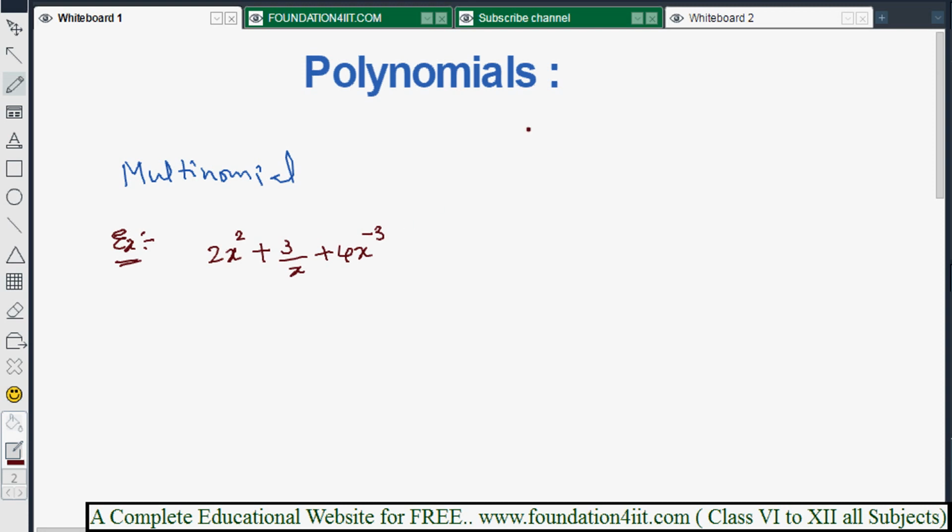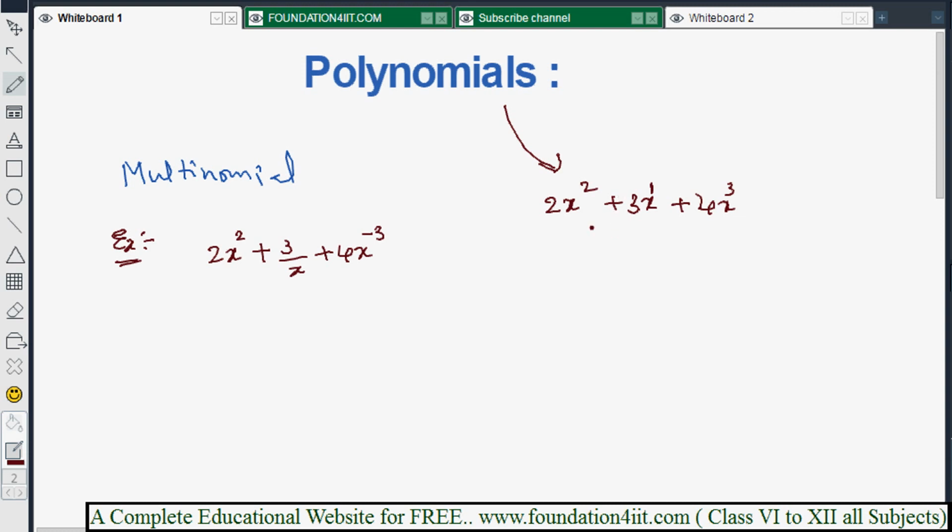So a polynomial is an algebraic expression in which the variables involved have only non-negative integral powers. Now 2x square plus 3x plus 4x to the power 3: only positive powers. If there is no power, it means 1. Only non-negative integral powers, so that is a polynomial.